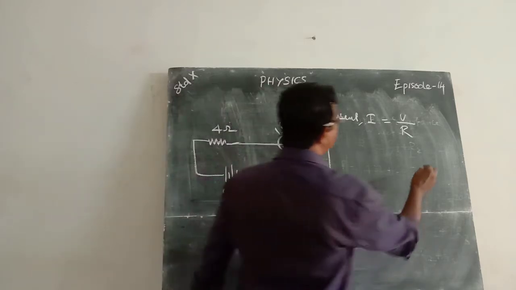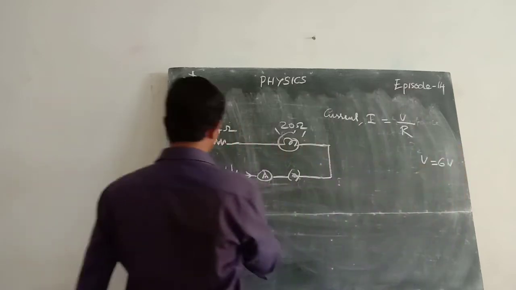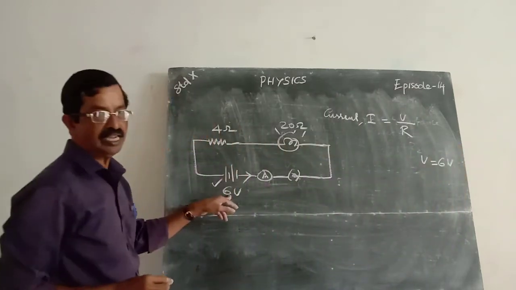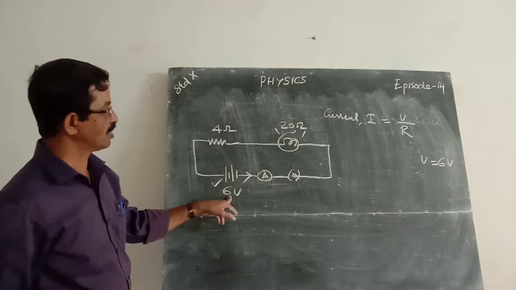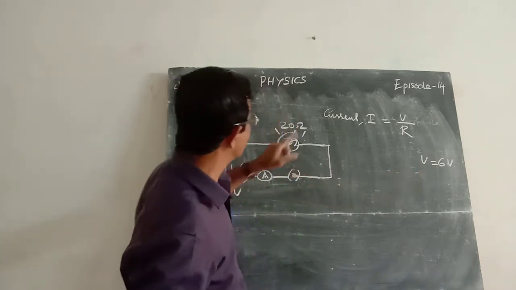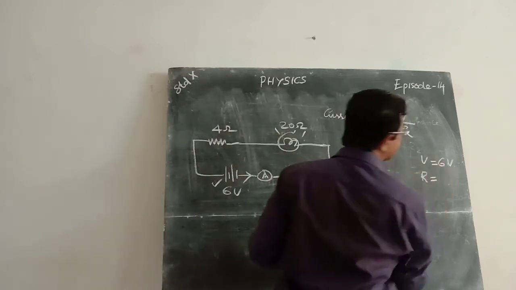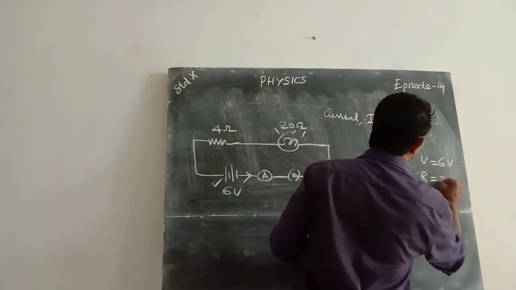Here V we know, that is potential difference. We have been given 6 volt, the potential difference of the battery. And the next one is total resistance. We calculated it as 24 ohm.